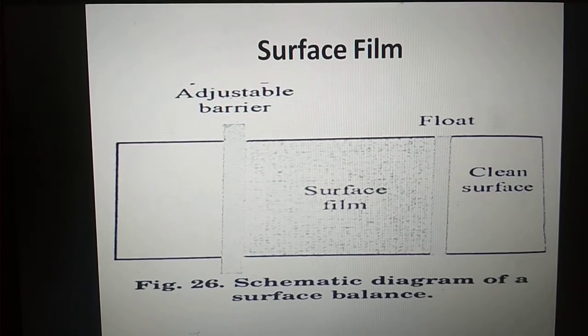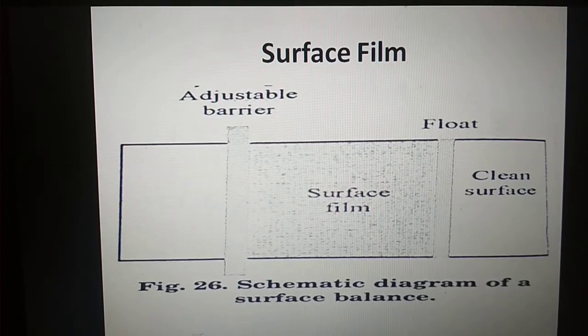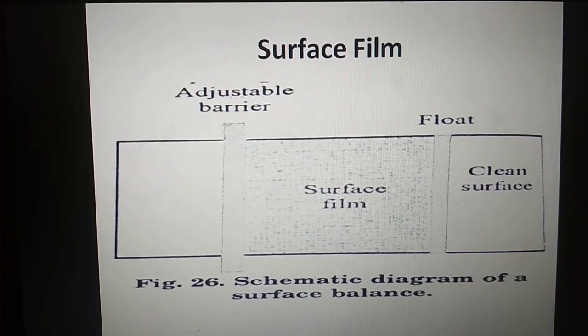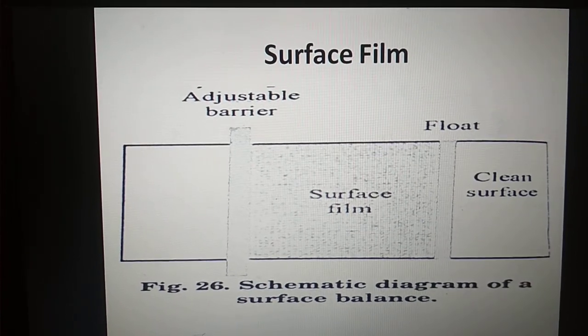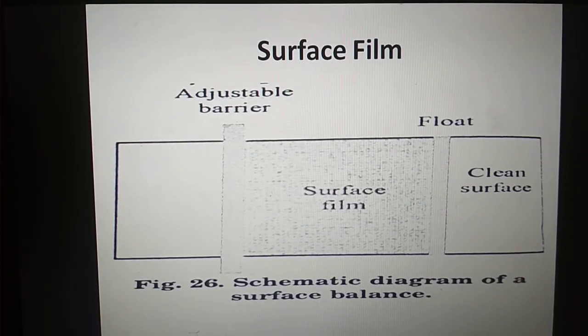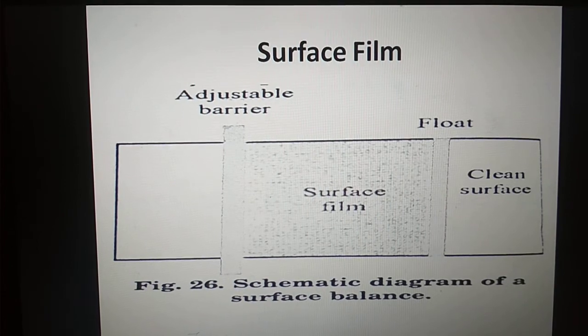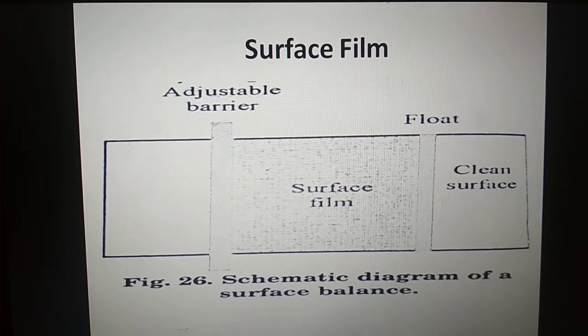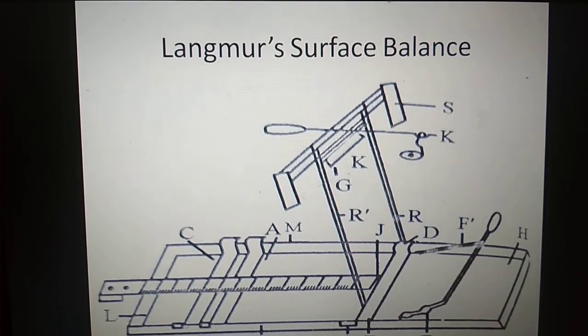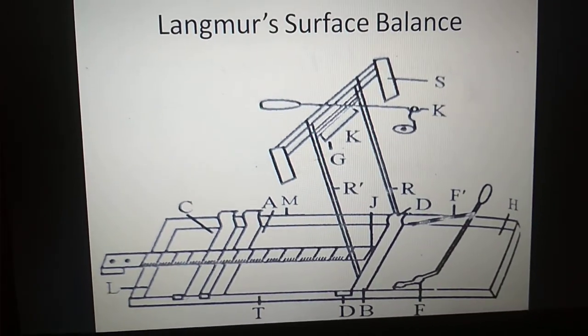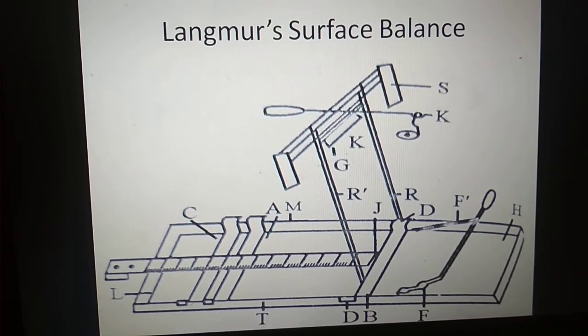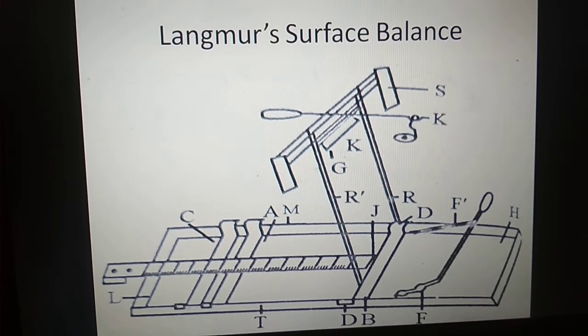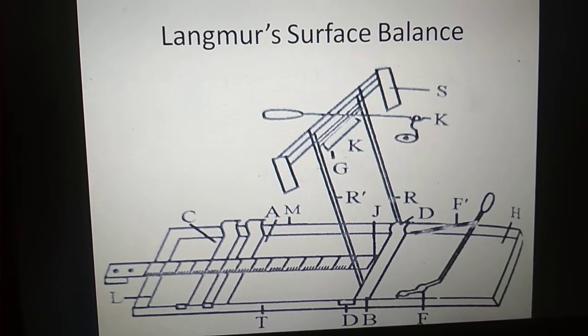Since gamma is less than gamma 0, there is a net force per unit length on the float of gamma 0 minus gamma towards the right. This force is called the surface pressure pi. This is the Langmuir surface balance to measure surface pressure or film pressure.